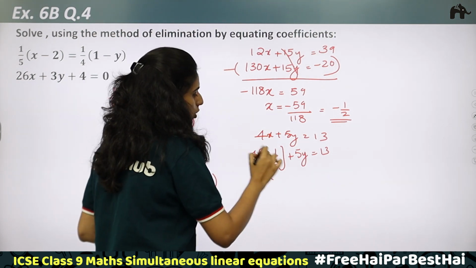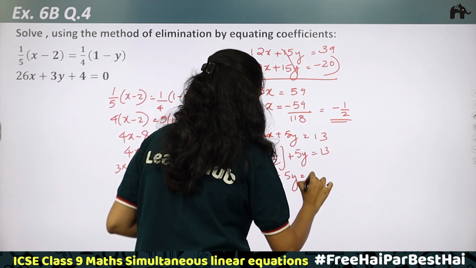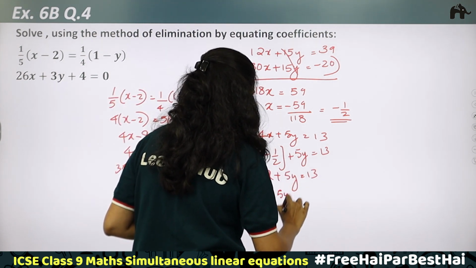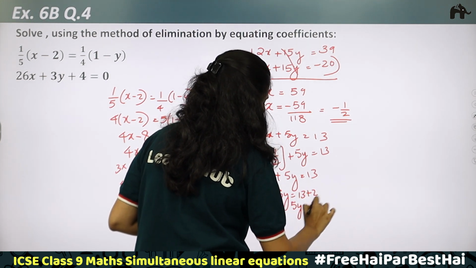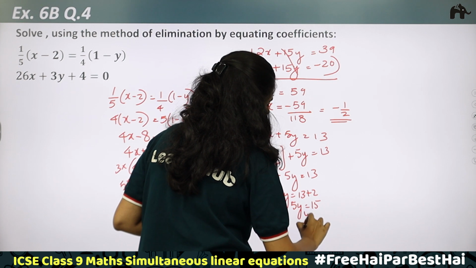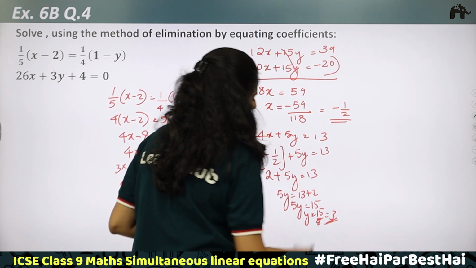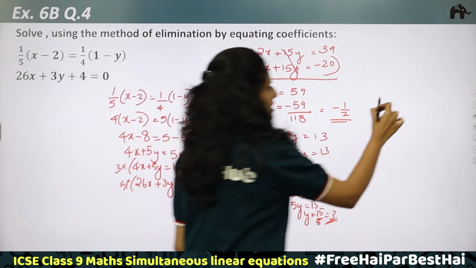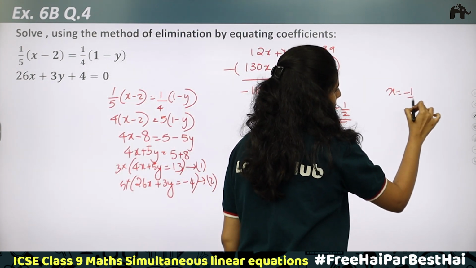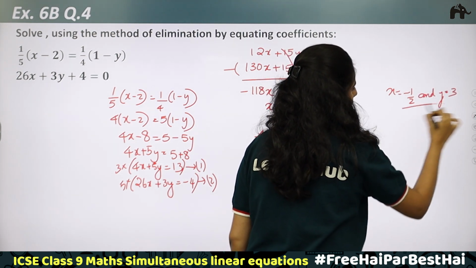You will be getting 2 into minus 1, minus 2 plus 5y is equal to 13. 5y is equal to 13 plus 2, or 5y is equal to 15. Then y is equal to 15 by 5 equal to 3. Y is equal to 3. We have x is equal to minus 1 by 2 and y is equal to 3.